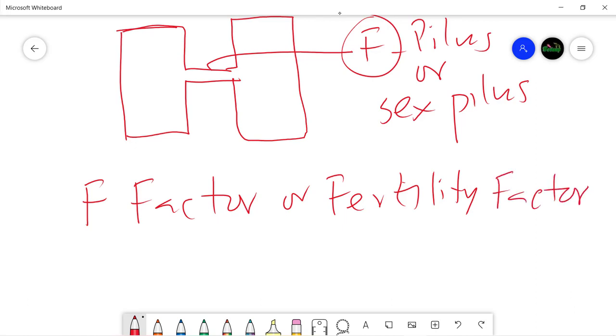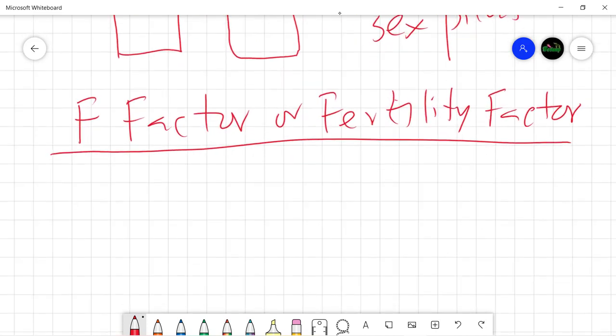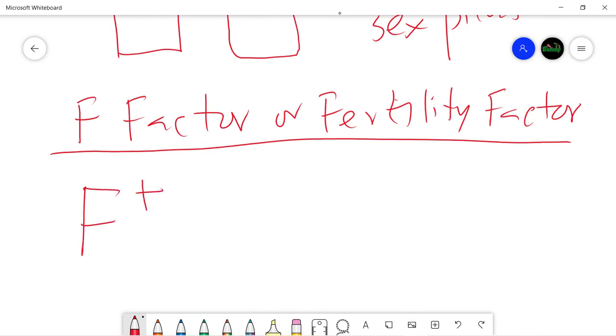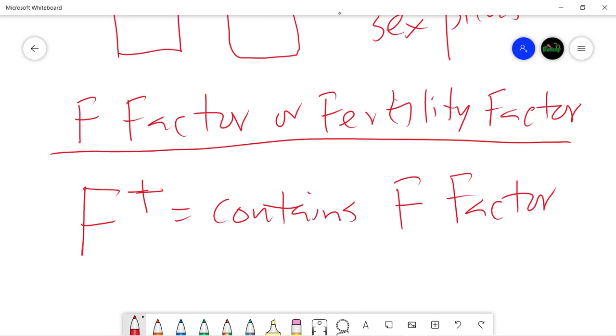So it involves this particular piece of DNA, and the cell which contains this F factor or fertility factor is known as F plus. So the F plus cell contains the F factor or fertility factor. The other cell which lacks this particular F factor is known as F minus. So it lacks the F factor.